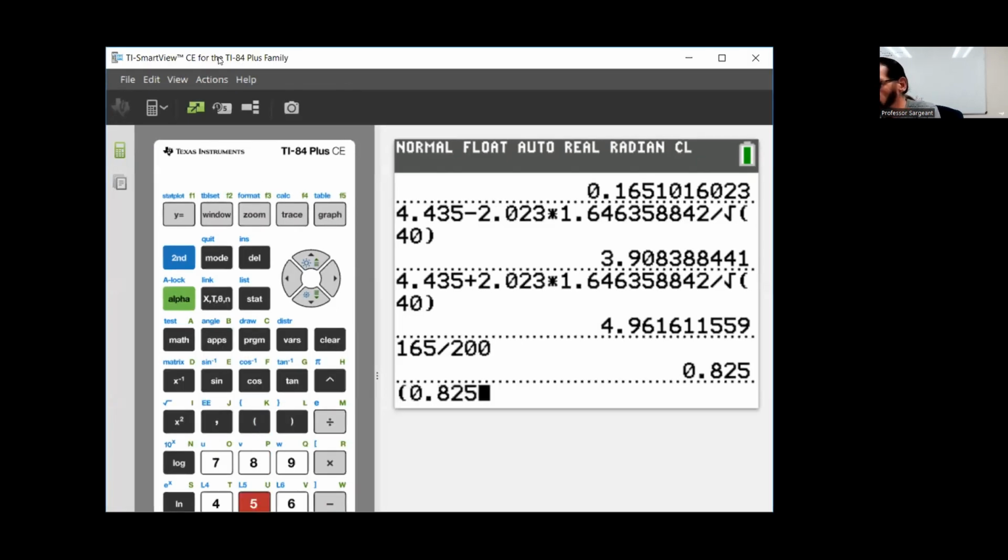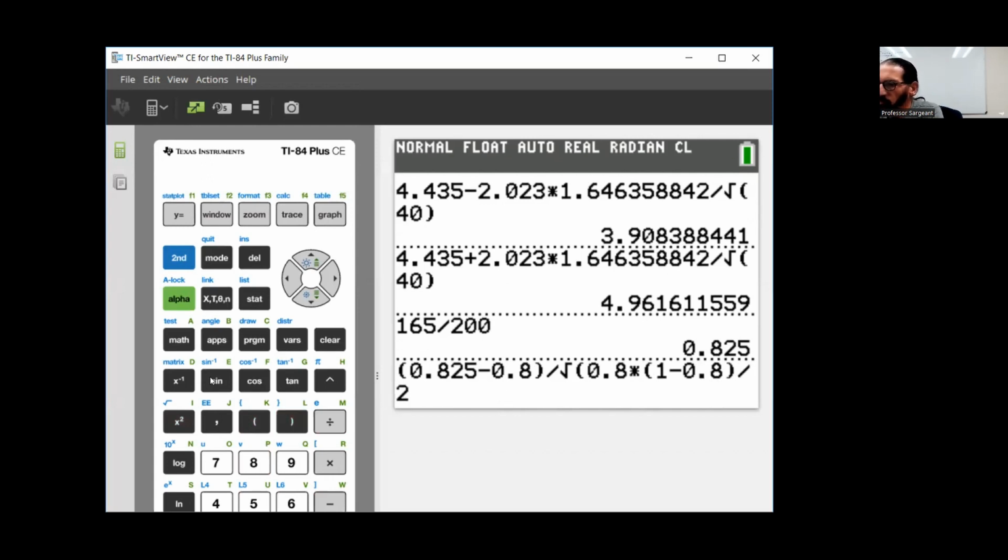So if we put some careful use of parentheses around the subtraction in the numerator, and then divide by square root of, okay, we would have 0.8 times 1 minus 0.8 divided by the 200, and then close the parentheses so that it knows that what's underneath the square root is done.